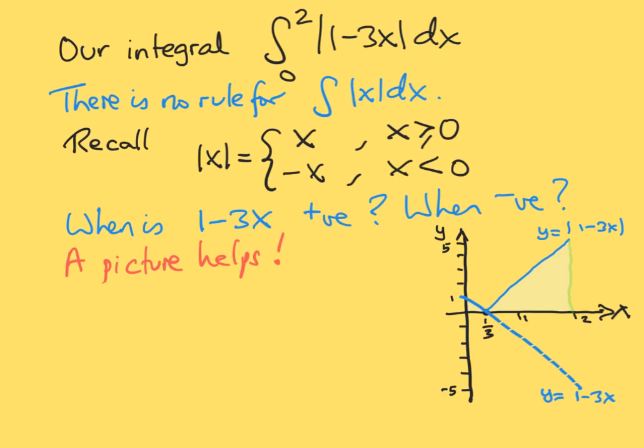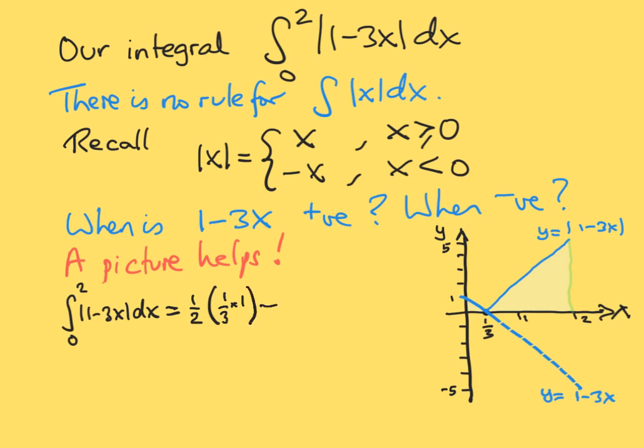So therefore, the integral from 0 to 2 of the modulus of 1 minus 3x with respect to x is going to be half the base times the height, and the height of this triangle is 1 and the base is 1/3. So it is 1/3 times 1. To be very explicit, I'll write 1/3 times 1.